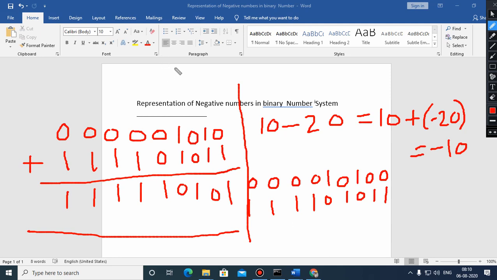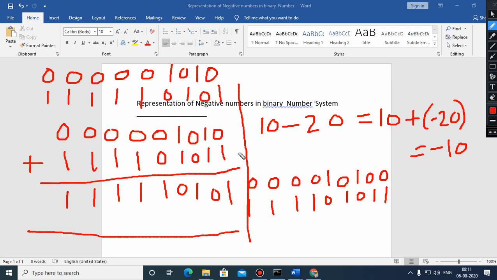See that. 10 is 1010, and minus 10 in 8 bits will be this one, and one extra sign bit is here. Okay. In one's complement, it is 1, 1, 1, 1, 1, 0, 1, 0, 1.